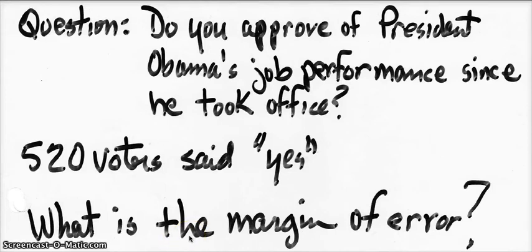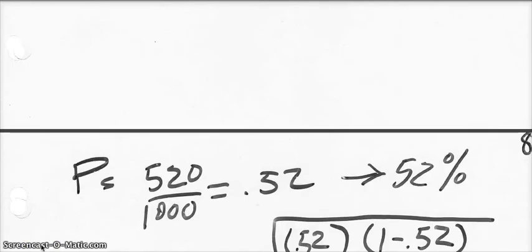First, we have to calculate the margin of error. But before that, we have to know what p is. And p is simply 520 divided by 1,000 equals 0.52. So p is going to be 52%, but we're going to use the 0.52 decimal.